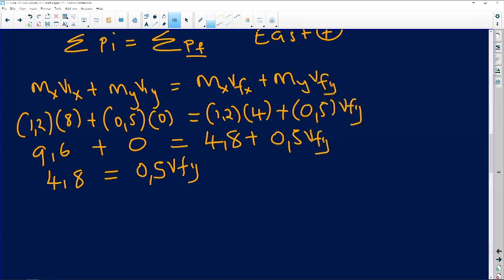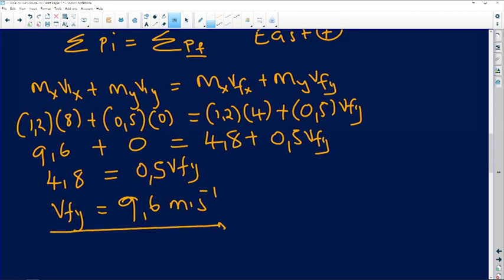So the velocity VF of Y is going to be 9,6 meters per second. That is our speed there, or the velocity. We then move to the next question.